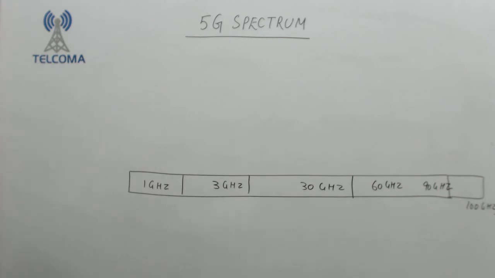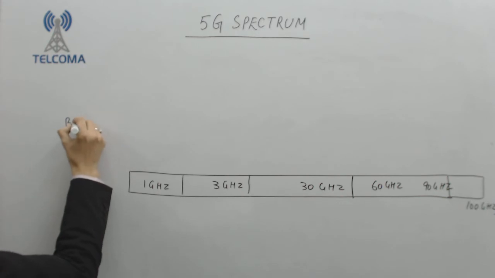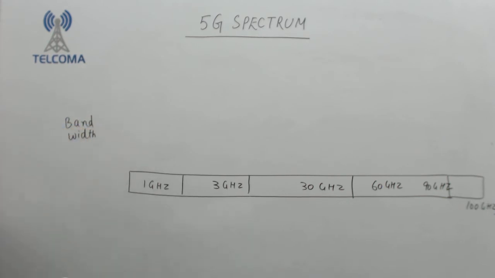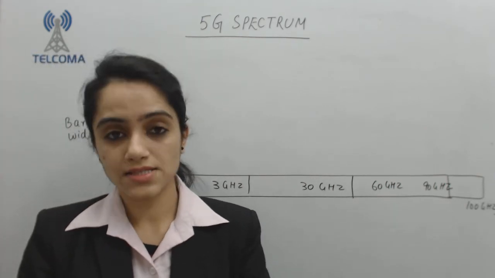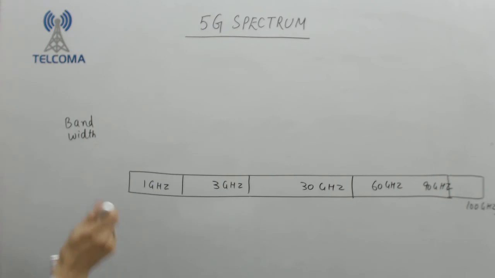Now we are going to compare the first parameter, and that parameter is bandwidth. This bandwidth is in gigahertz.